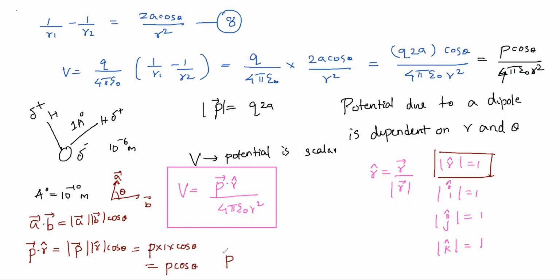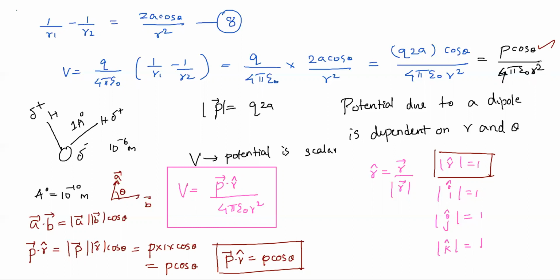That implies P vector dot R cap is nothing but P cos theta. That's why I have written P vector dot R cap as P cos theta. So our final expression is P vector dot R cap by 4 pi epsilon naught r square.